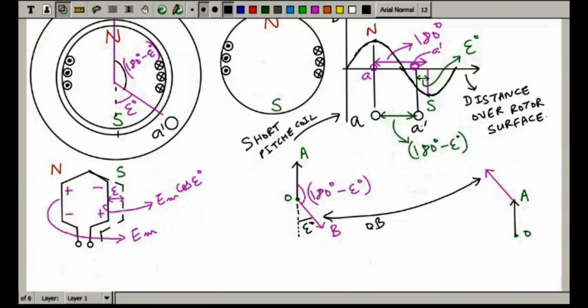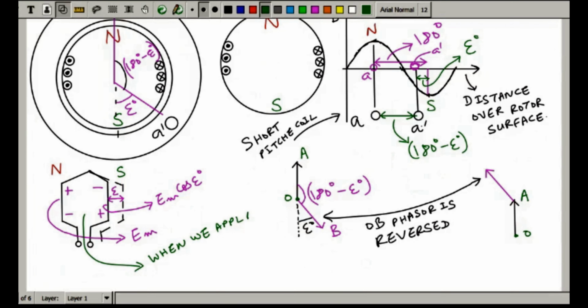OB phasor is reversed. Why is it reversed? Because when we apply KVL in this loop, the EMF of coil sides A and A dash are getting added up.